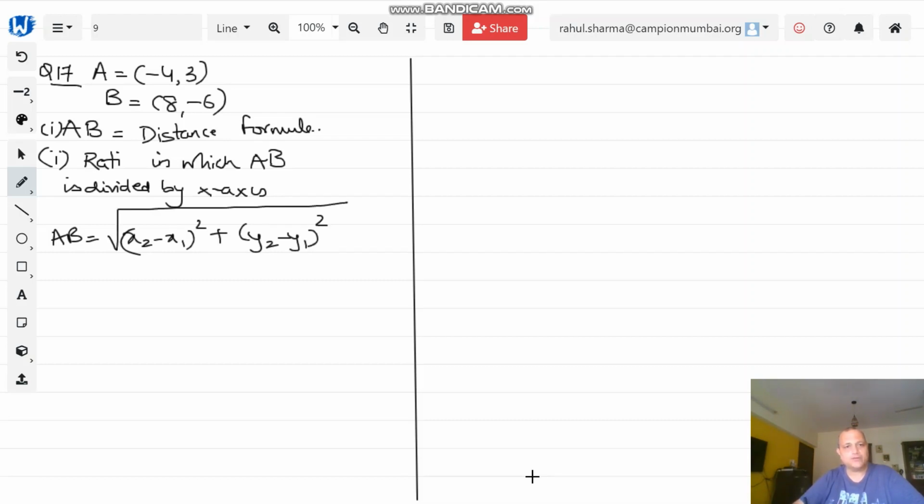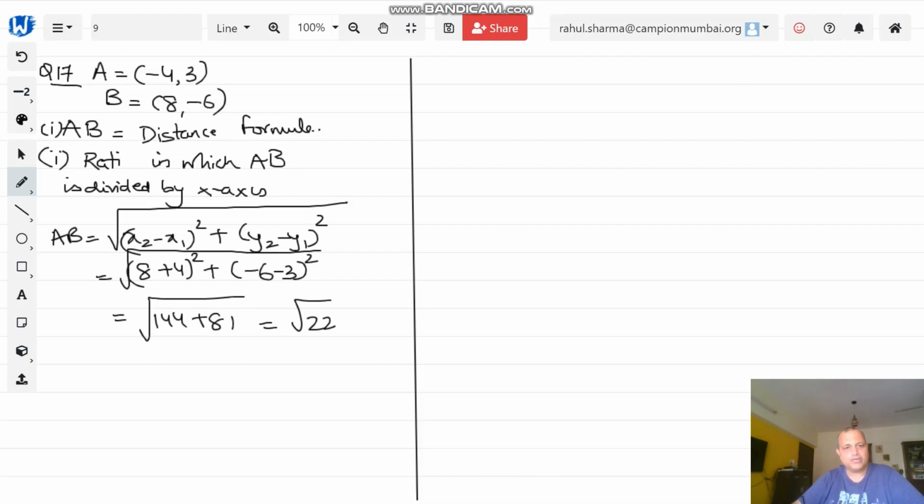So in this case, x2 is 8. 8 minus of negative 4, that's 8 plus 4 whole square, plus y2 is negative 6 minus 3 whole square, the square root of everything, that's 12 square 144 plus negative 9 square 81, which means square root of 225. Therefore, AB is equal to 15 units.